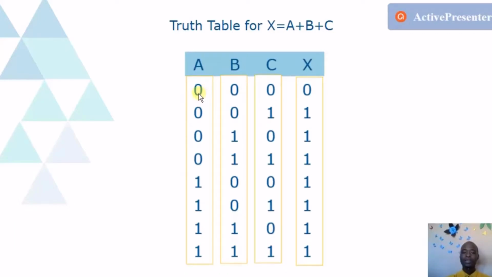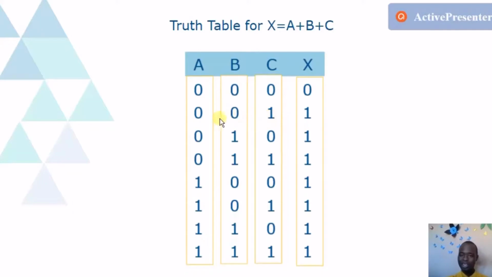Now you have 0 under A, under B you have 0, and under C you have 0, meaning you have 0 all through, then your output will be 0. Now the second one, you have 0 as your input, you have 0 as your input here. Also under C you have 1.